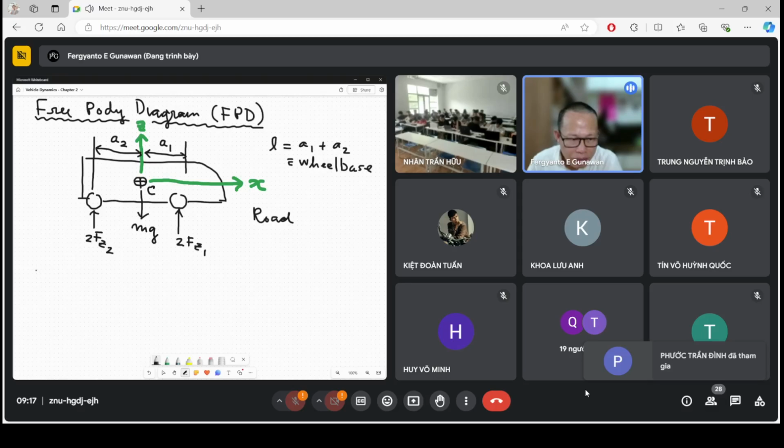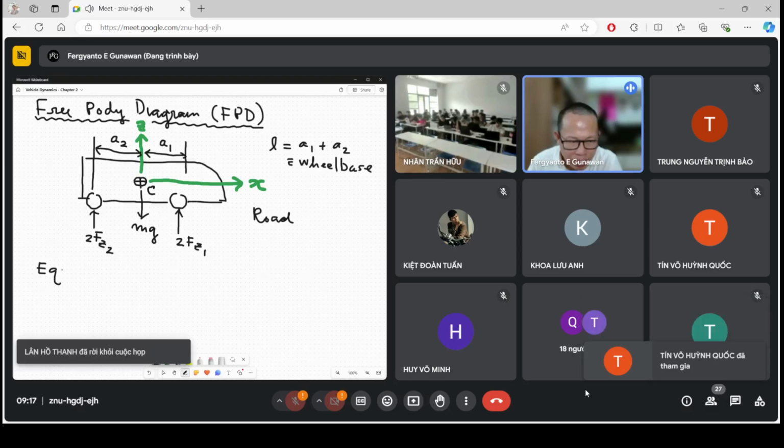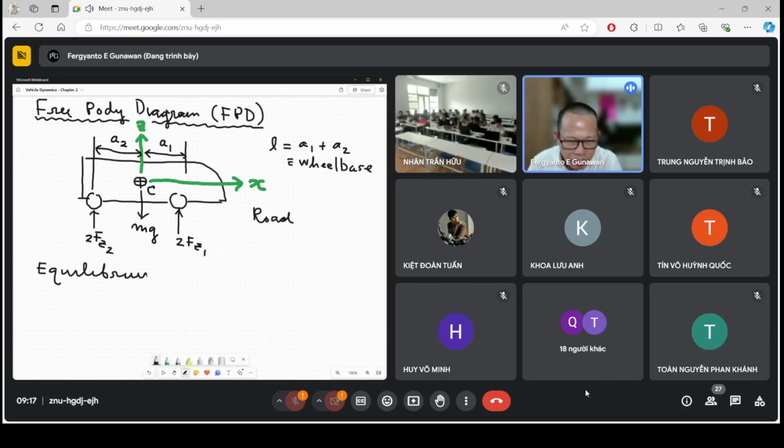So what we are going to do next is apply the equilibrium equations, right?